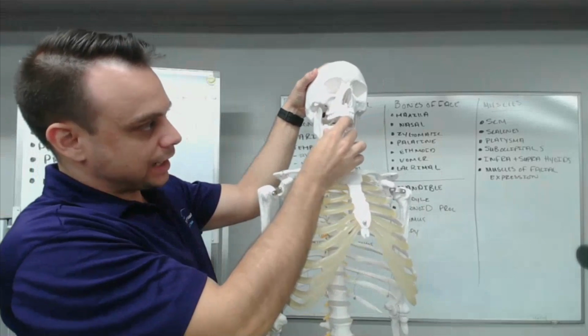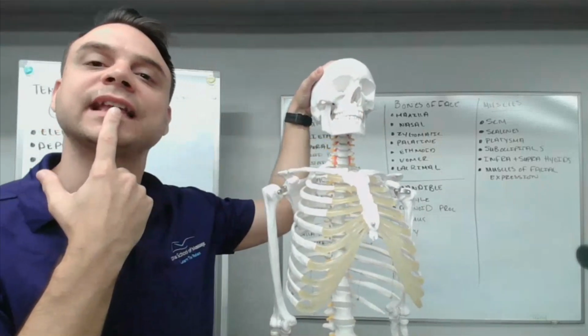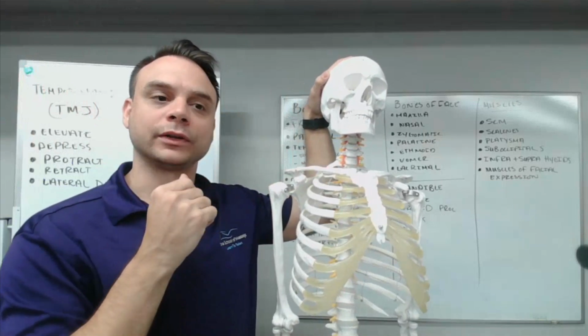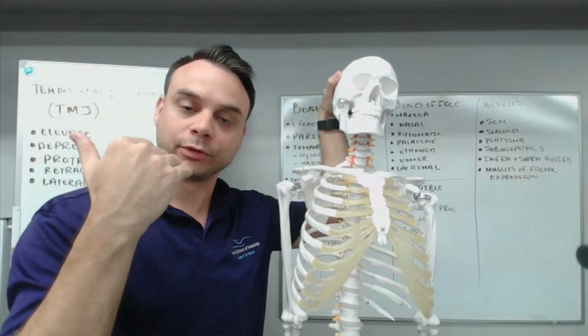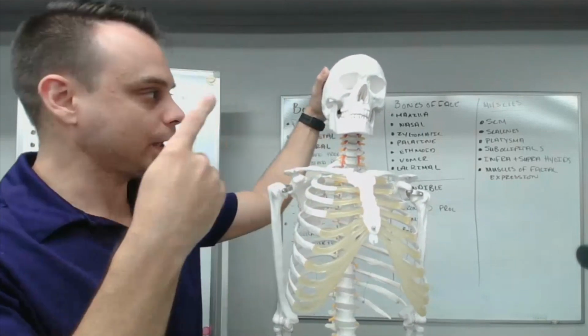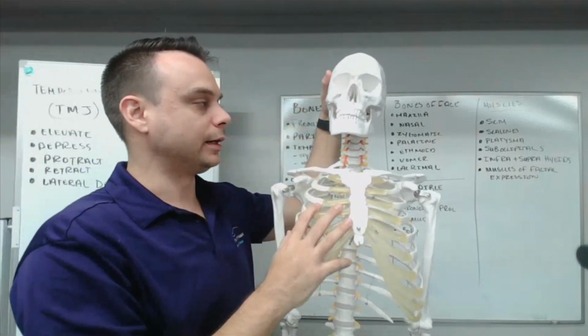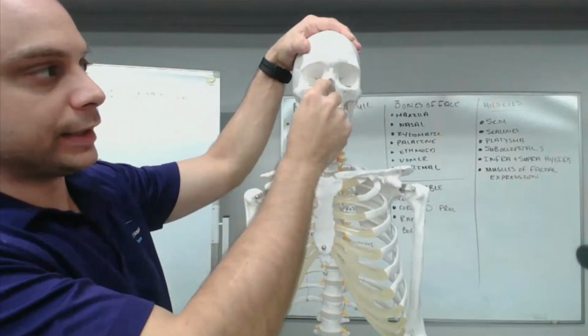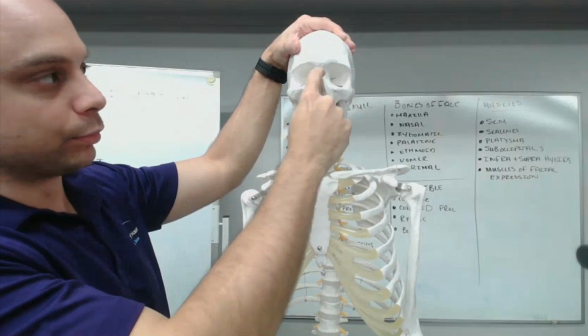Inside the mouth, the maxilla actually even extends into the forefront of the mouth, but behind that is a bone called the palatine, which, think of the palate, the roof of your mouth, right? There's a bone in there called the palatine. And then we also have the nasal bones, the two little bones on the bridge of the nose.